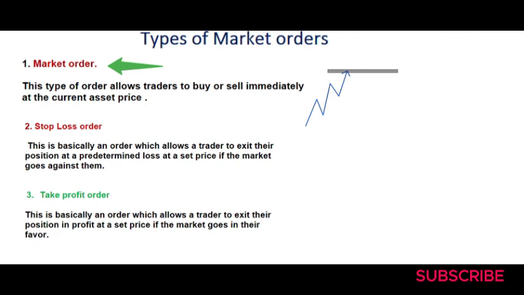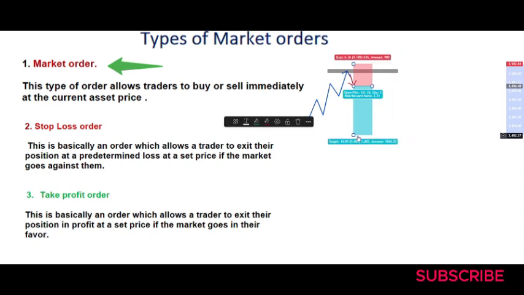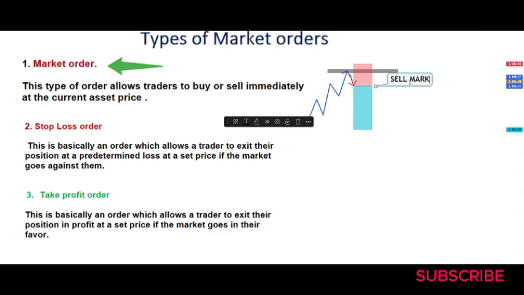That becomes a sell market order. For an order to be a market order, it has to be executed at the current price in the market. So, sell market order. This is the current price running in the market right here.